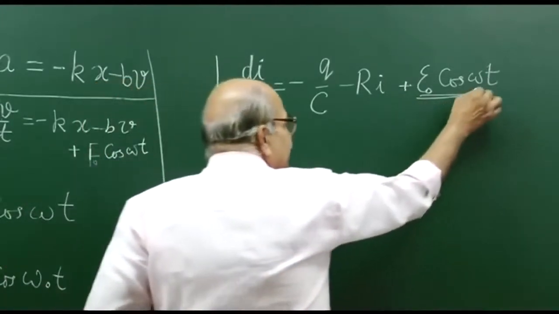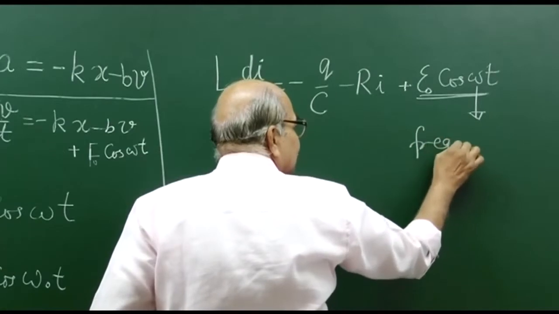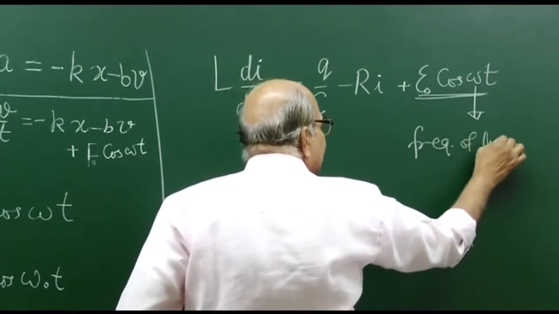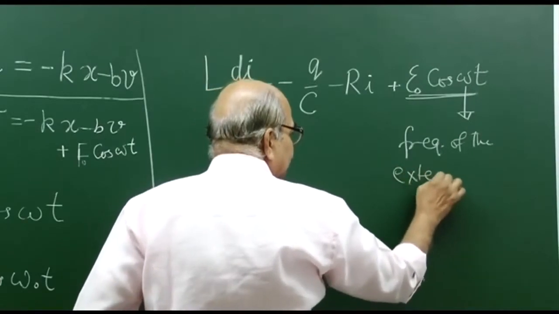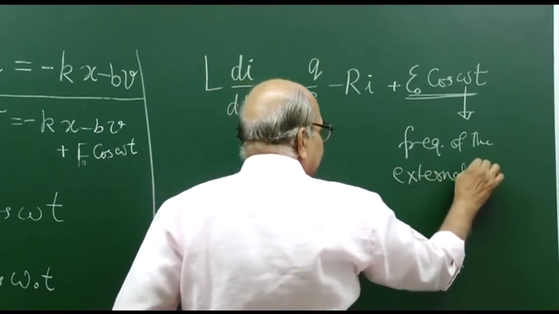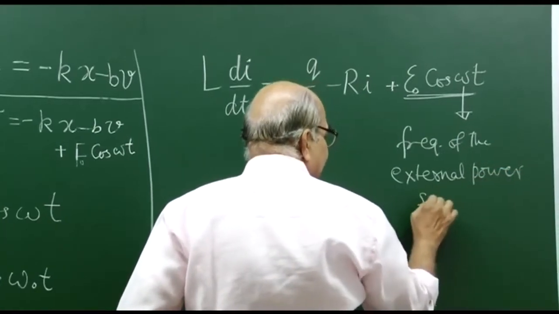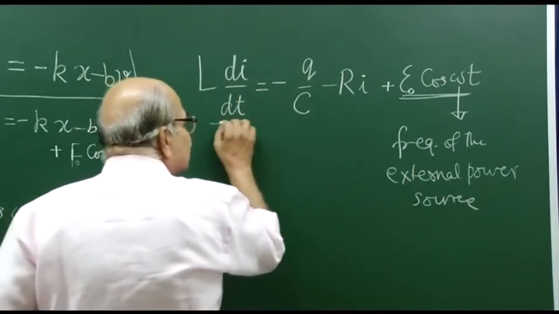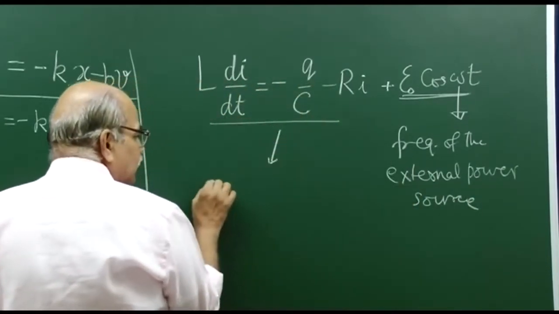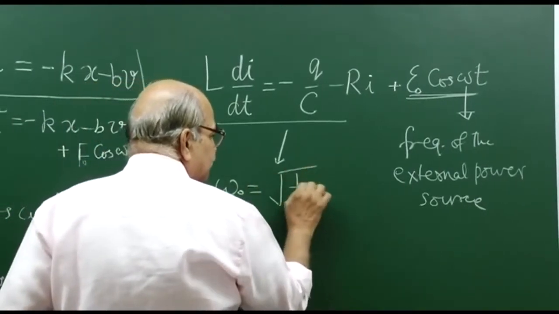So, this omega is now the frequency of the external power that we are feeding, the external power source, whatever we are adding to the circuit. And from this system you have a natural frequency omega naught, which is square root of 1 by LC.